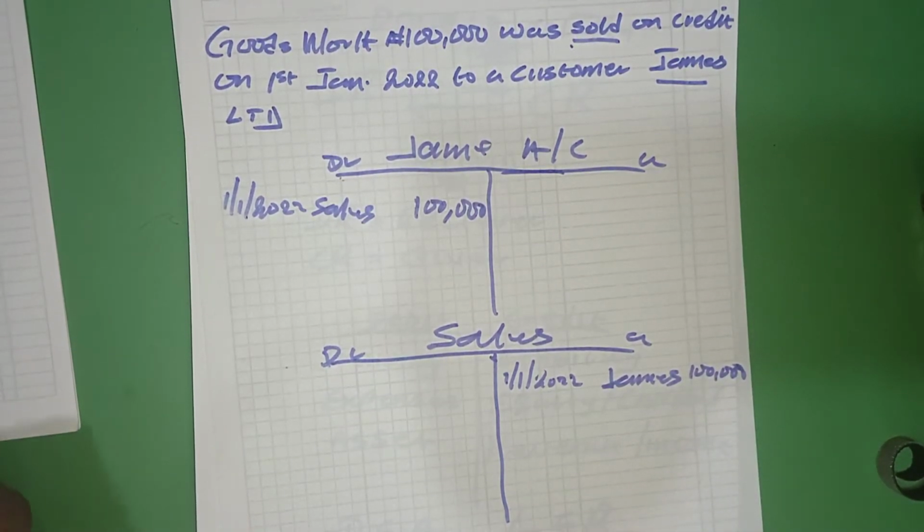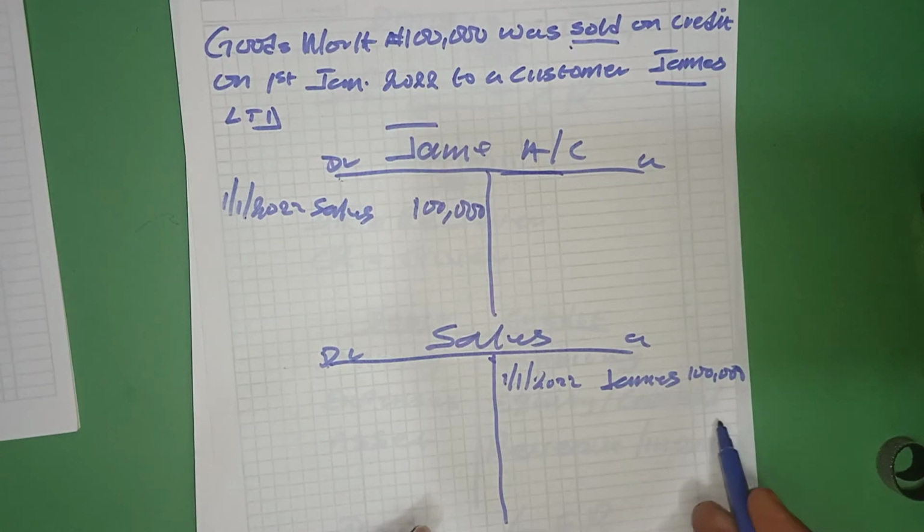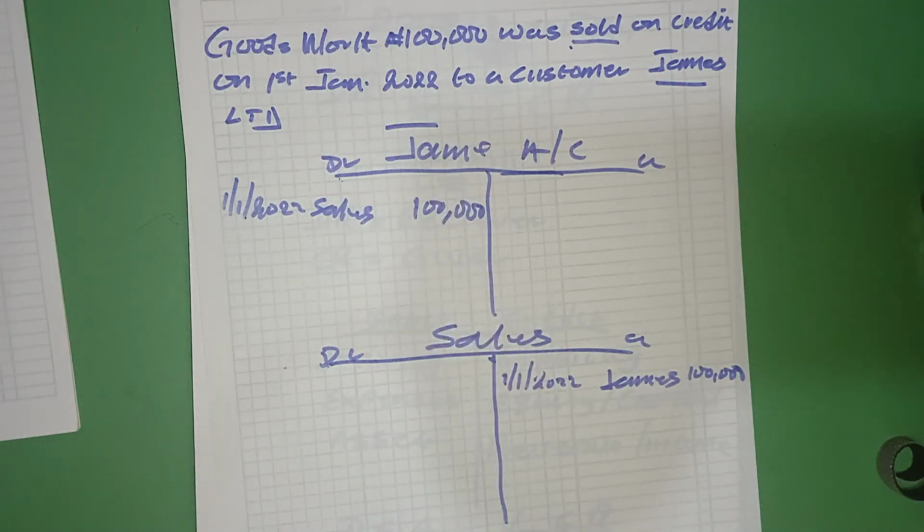You are done with this. Now, this implies that we have made sales, but money has not entered. James is owing us. That is why we have to put James here. So these are the two accounts you created. You see how we identify the two accounts?